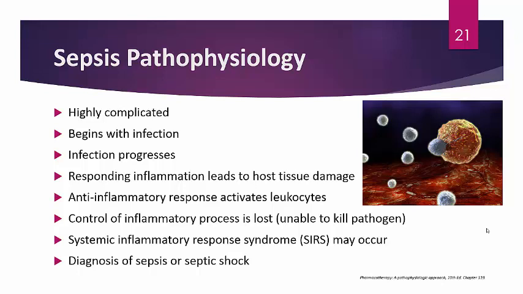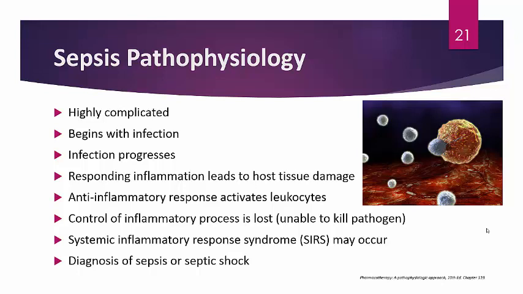Sepsis pathophysiology is highly complicated. In order to have sepsis, you have to have some type of infection. That infection will eventually progress, and then that infection can potentially lead to inflammation that leads to host tissue damage. That will then eventually lead into an anti-inflammatory response, which activates different leukocytes or white blood cells.